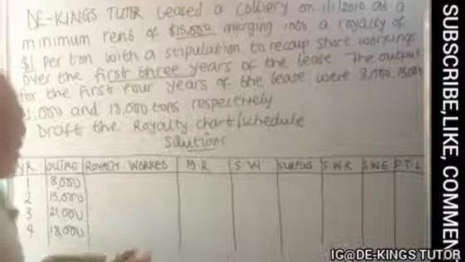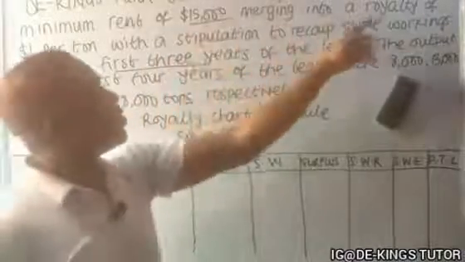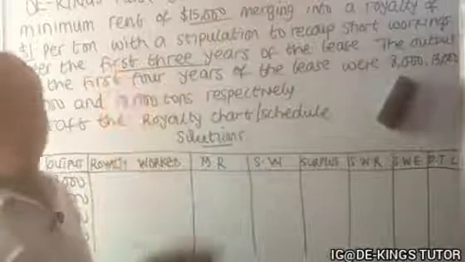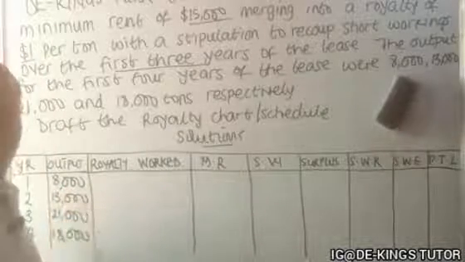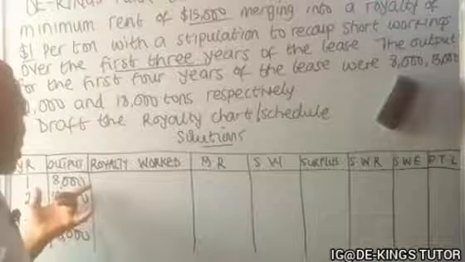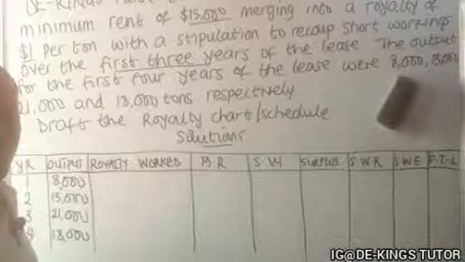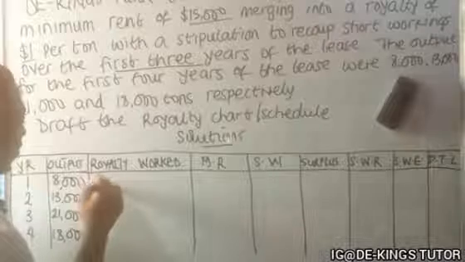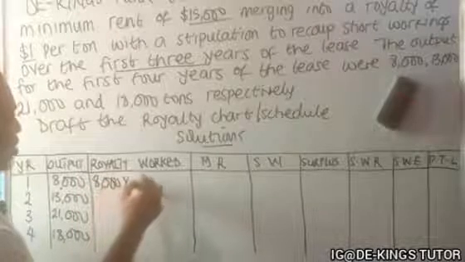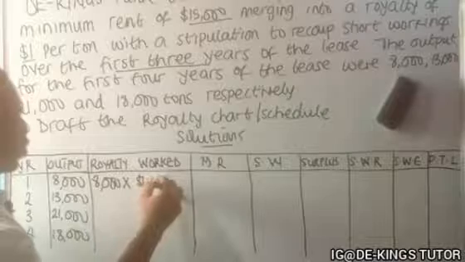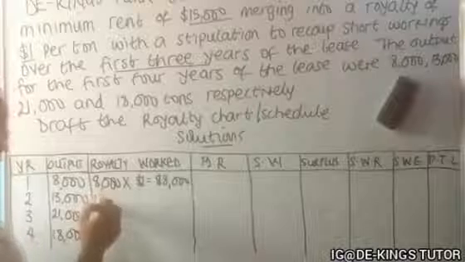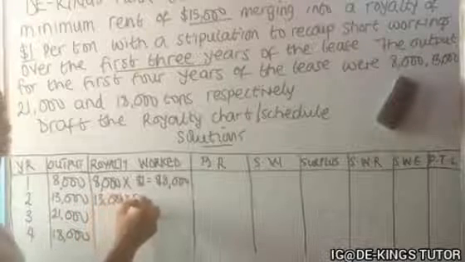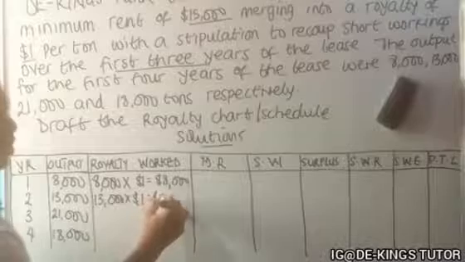Okay, now I want to get the actual royalty. They said that you're going to pay me rent of $15,000, merging into a royalty of $1 per ton. Okay, so they're saying that for each ton is what? $1. So to get the actual royalty, it is multiplying the output by the value. That's $1. So we have 8,000 times $1 equals $8,000. The next one, we have 13,000 times $1 equals $13,000.